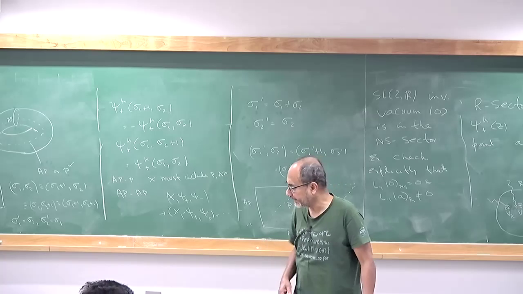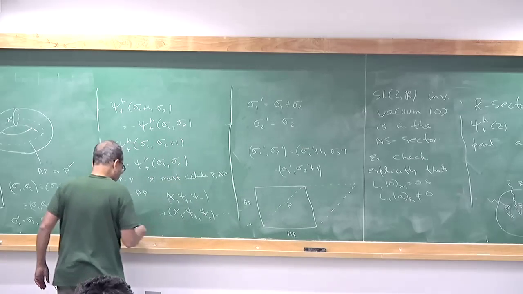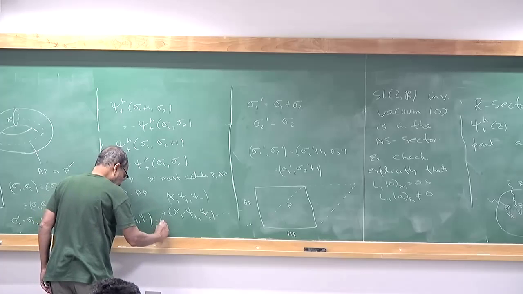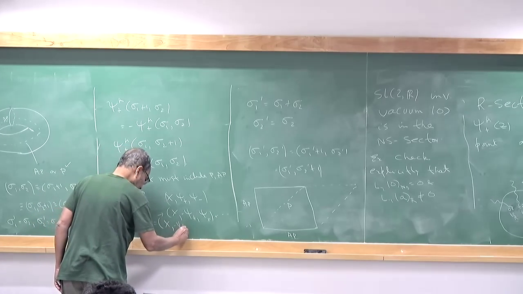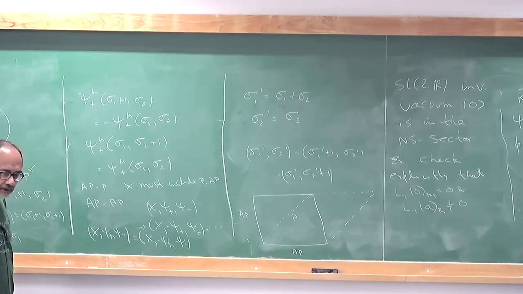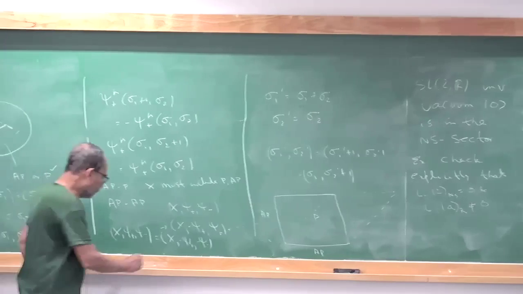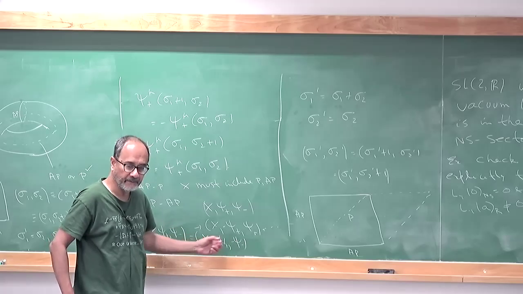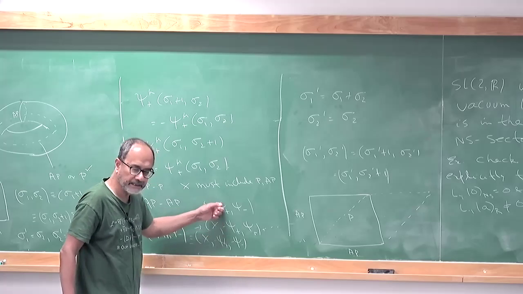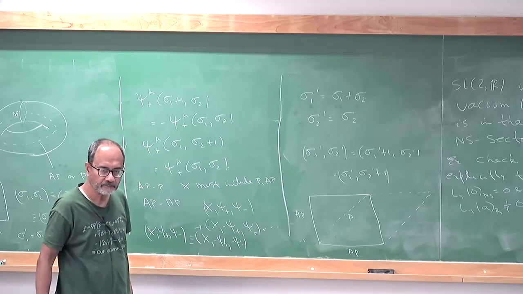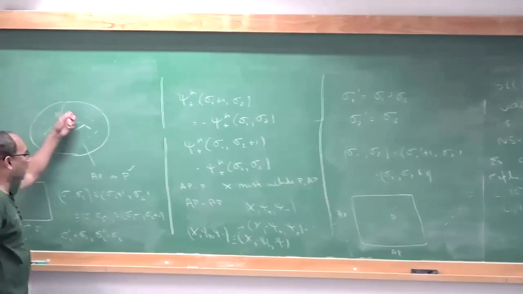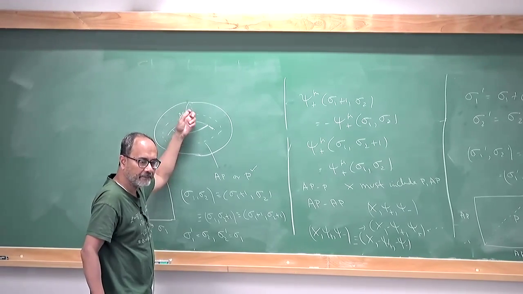Because there the identification that you are taking is x, psi plus, psi minus to x, minus psi plus, minus psi minus. This will be a type 0 theory. Type 0 theory has both signs reversed, not a separate reversal in the left and right sector. So both psi plus and psi minus antiperiodic or both periodic.